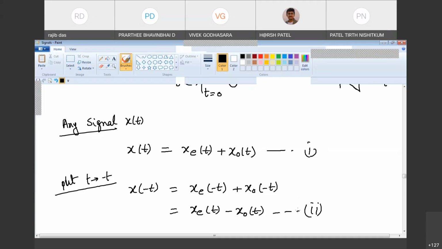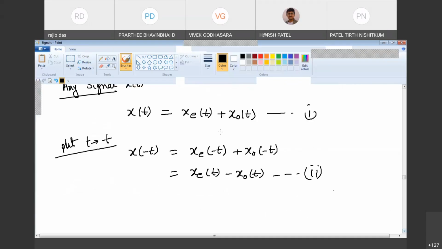You have got two equations. Now there are two unknowns, x_e(t) and x_o(t), and x(t) is given. So we can extract x_e(t). So how to get x_e(t)? Just adding these two together, 1 and 2. So x_o(t) will cancel.